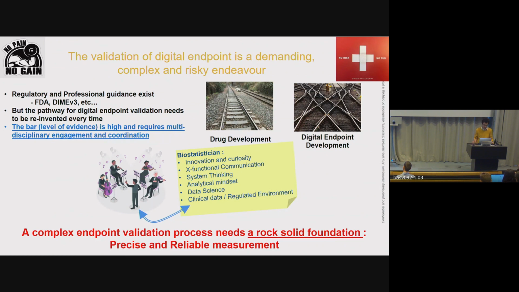A lot around leadership, cross-functional communication, systems thinking, but also a deep understanding of data science and human core. That's all very useful. And this is really a good place for being influential and being a strategic partner, even being leaders. So I'm trying to give a picture of a complex problem that requires a lot of rigorous thinking. Our statisticians are very well placed to play a key role.